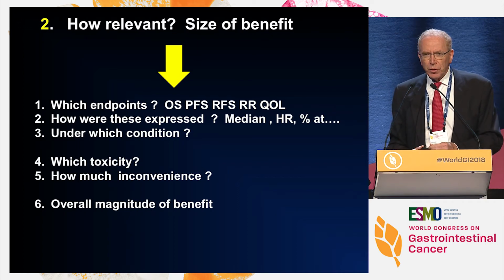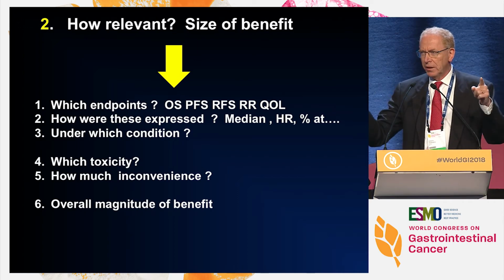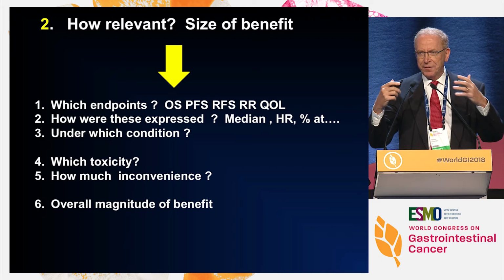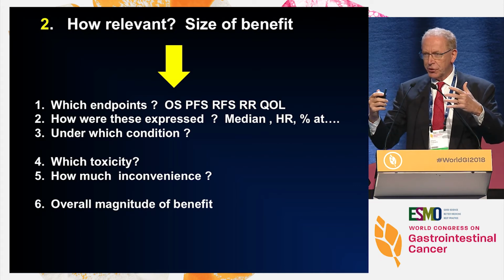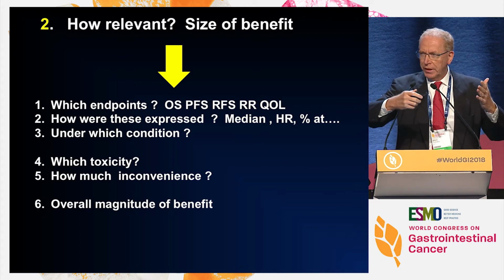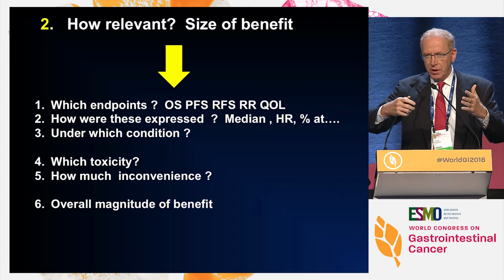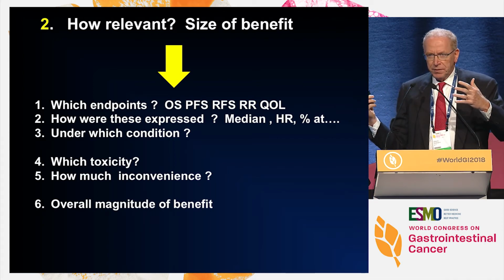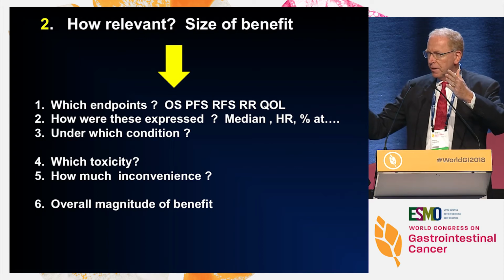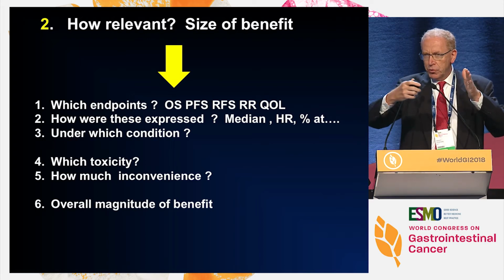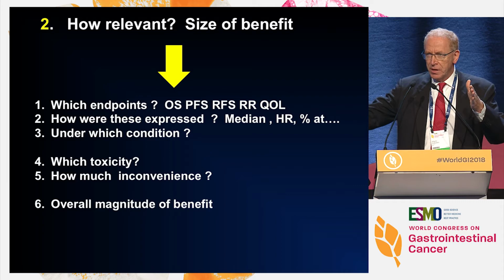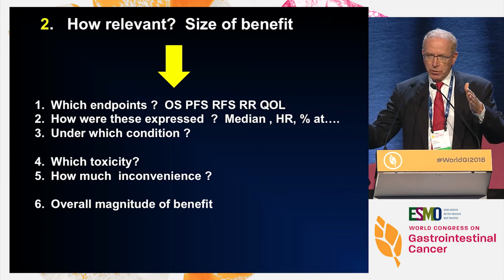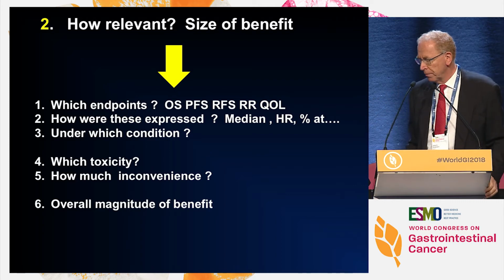Under which condition were these results obtained? Was that a third-line gastric cancer trial where my control had 2, 3, 4 months? If I gain 2 months, boy, that's a 40, 60% gain. That's huge. But if my control had 2 years, 2 months gain will certainly be marginal.